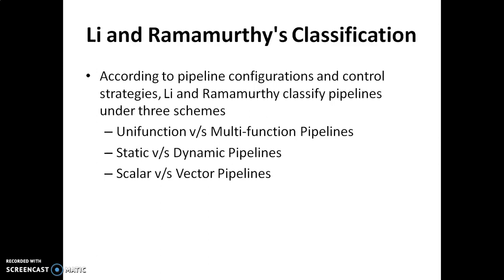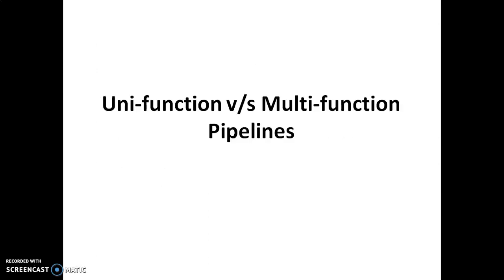Unifunction means a single function, multifunction means multiple functions are performed by the pipeline. Static means only one function is performed at a time. Dynamic means multiple functions are performed at a time. Scalar means scalar operations are performed by the pipeline. Vector pipeline means vector operands are handled by the vector pipelines.